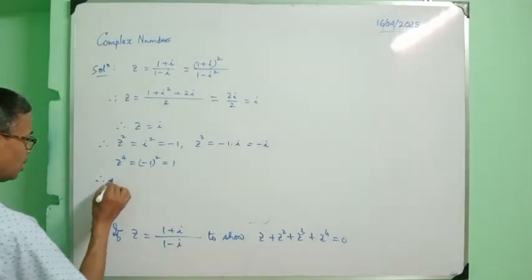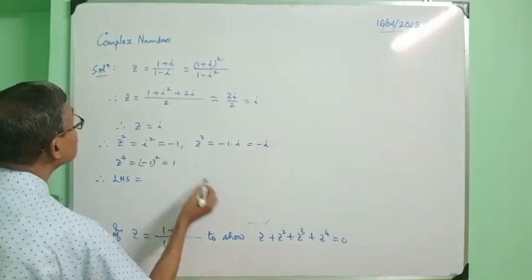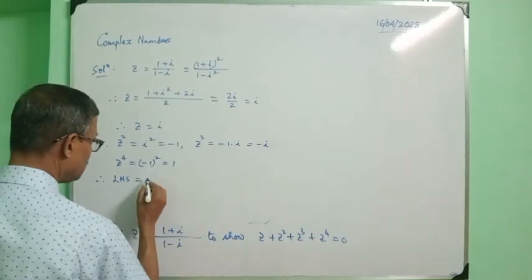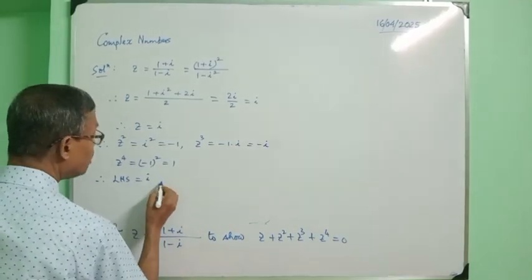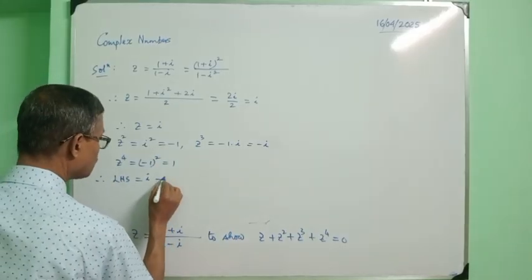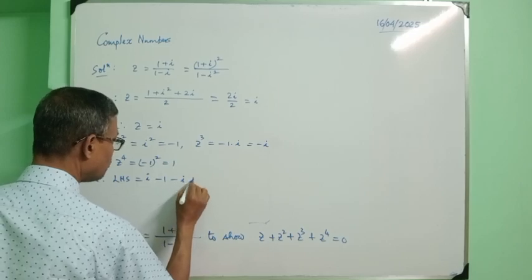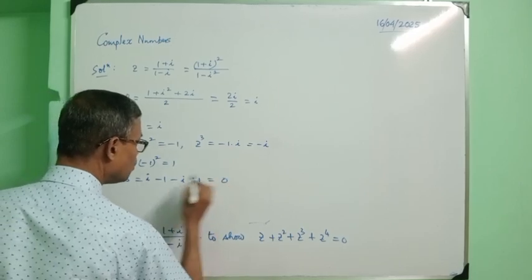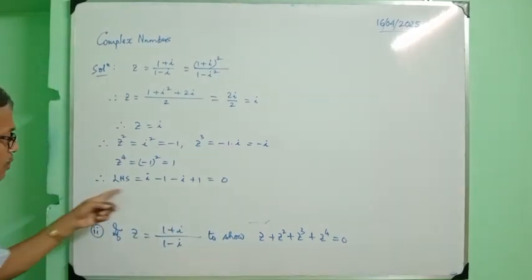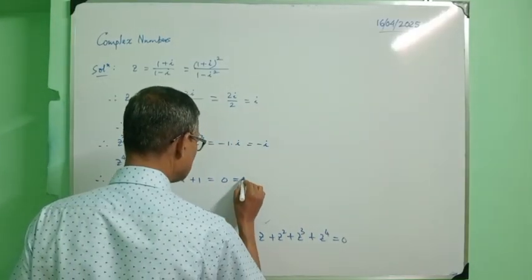Therefore, left hand side is equal to z means I, z square equal to minus 1, z cube equal to minus I, plus 1. All terms cancelled. Therefore, LHS equal to after calculation 0.